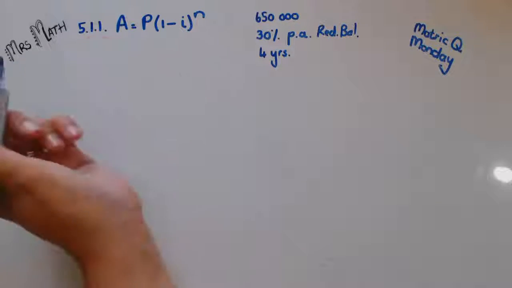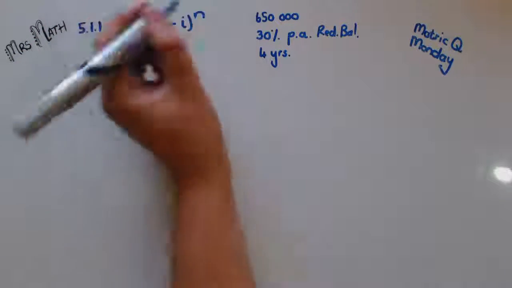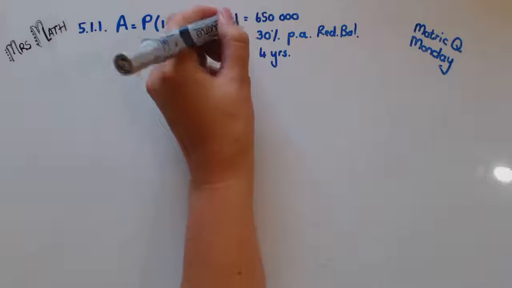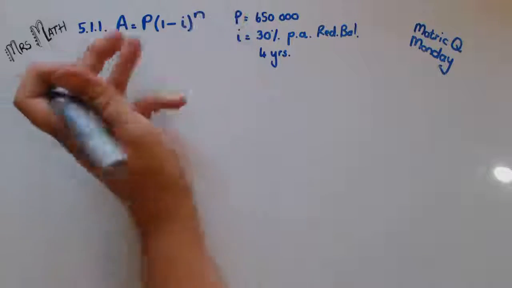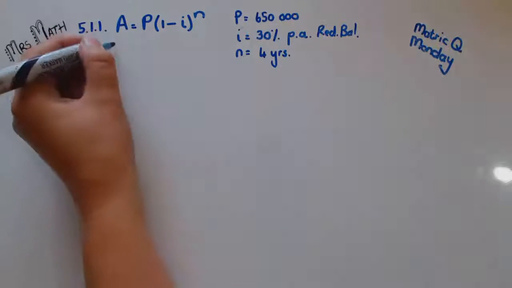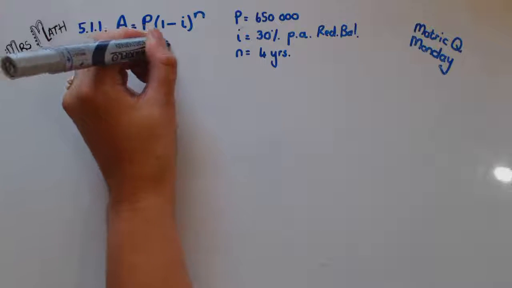It's like the compound interest formula, where my initial value P is this, my depreciation is this, and my n is 4. So I can just substitute that. This is very straightforward.